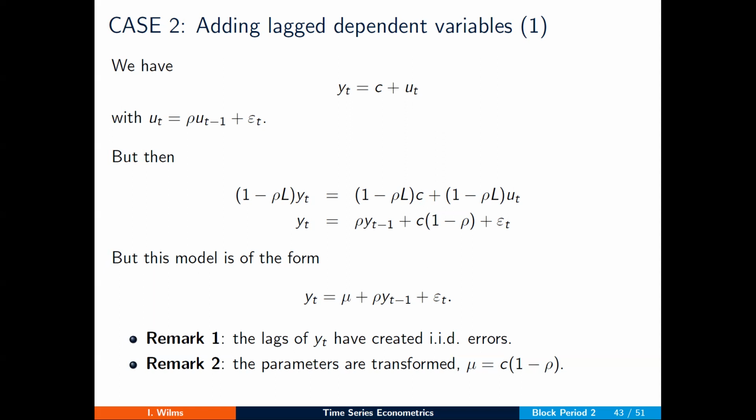But what is actually important is that we have now errors that are IID. Why is this important? Well, we've seen in the first case today that our usual asymptotics go through for IID errors. So this is actually a very nice way to deal with serial correlation in the errors.